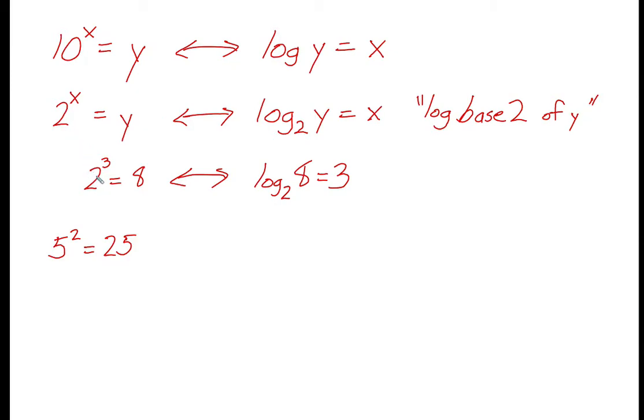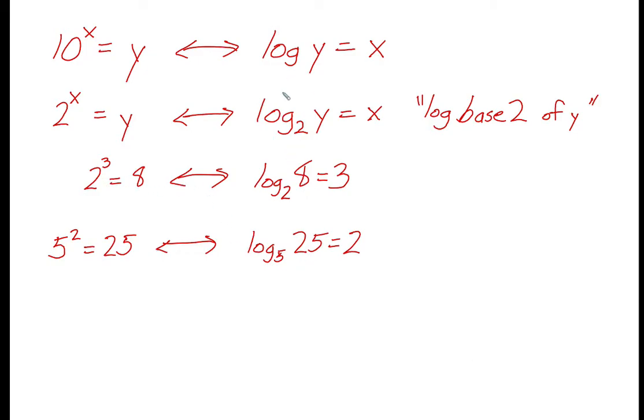If this was 2 to the third equals 8 and we called it log base 2, then this one is going to be the log base 5 of 25 is equal to 2. Whatever the base underneath the exponent is, that's the base that's written as a little subscript on the logarithm. Whatever the exponent was is what the logarithm is equal to, and what the exponential equaled, that's what we're taking the logarithm of. Because the output from the exponential function becomes the input into the logarithm, and vice versa.